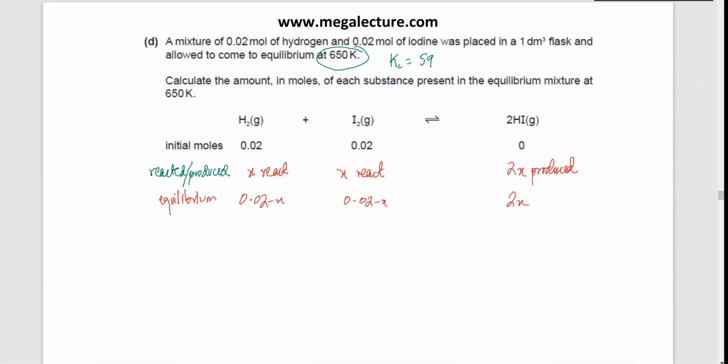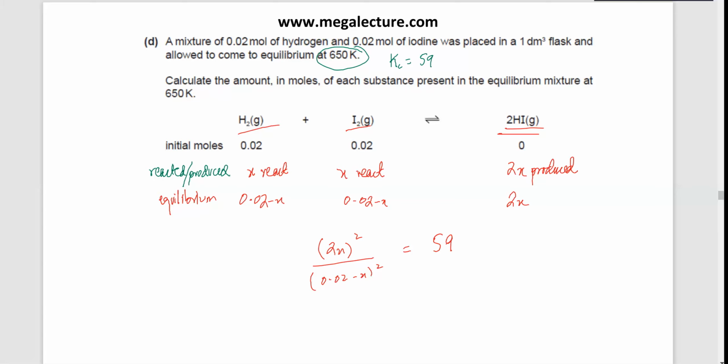And you can then write the expression for Kc, which is going to be HI concentration squared. So it's going to be 2x squared divided by the concentration of I2 and H2. So it's going to be 0.02 minus x, and that's going to be squared as well. And this would be equal to 59.